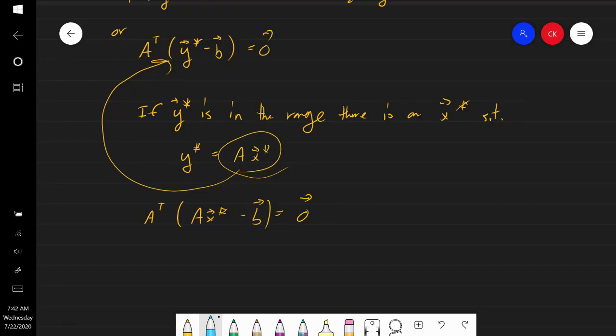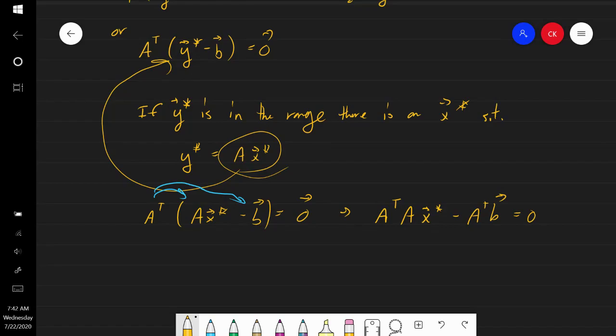So now let's just do one more thing. That is, we're going to distribute the A transpose through. And that means that we would end up with something that looks like A transpose A times x star minus A transpose b equals 0.